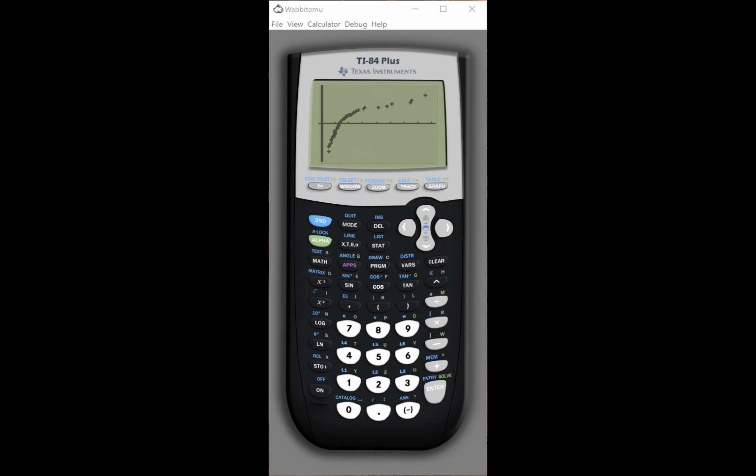Wait, so we found out that the probability plot is kind of curvy. All right, everybody good that the probability plot has a curve to it?